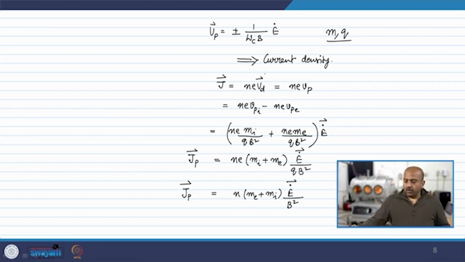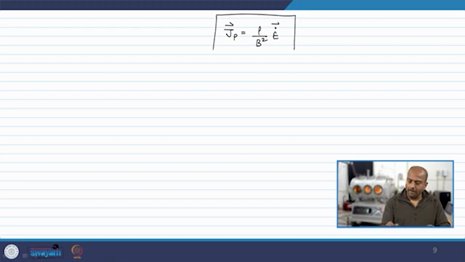Okay. So, what is n? n is the number of charged particles per unit volume. We can define the total density, number of particles per unit volume, times the mass of each particle. The density can be written as n times (me plus mi). This is not charge density, this is just mass density.